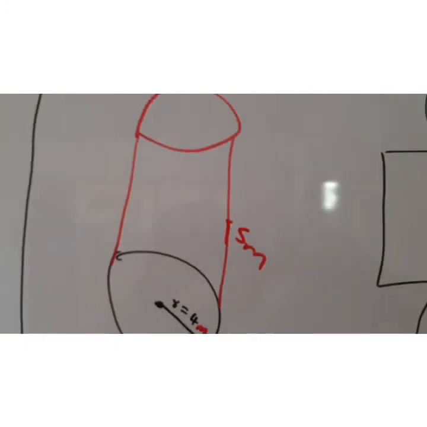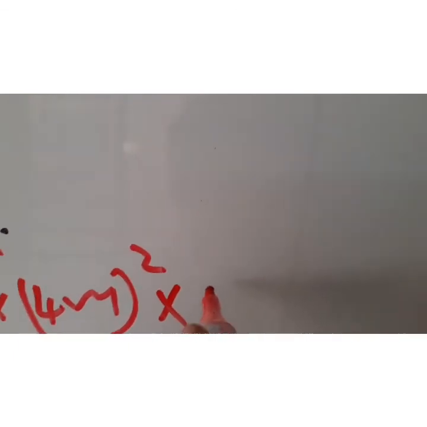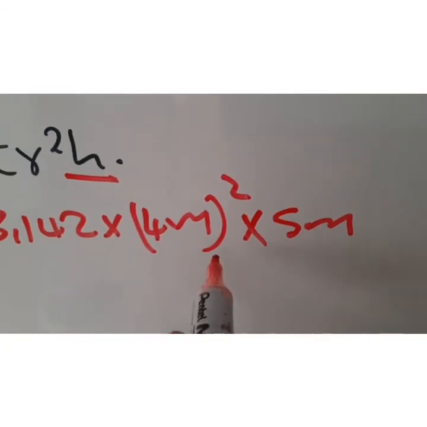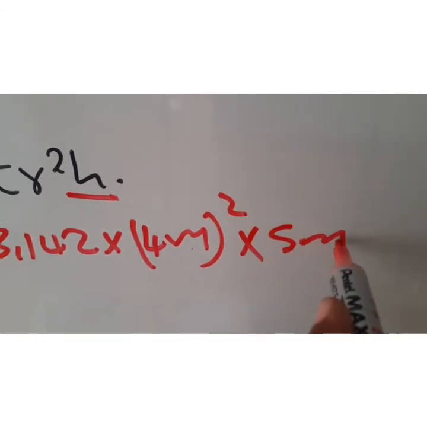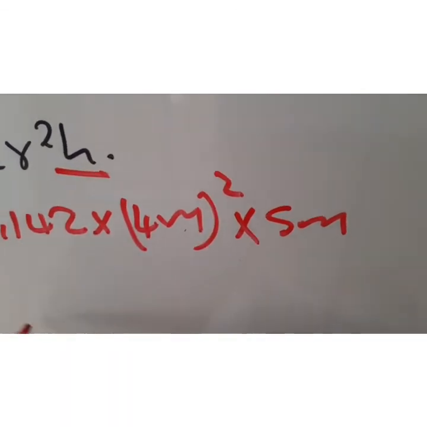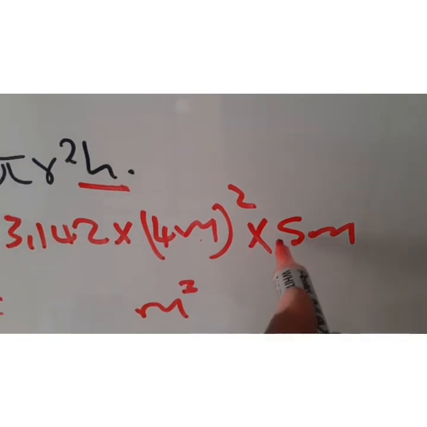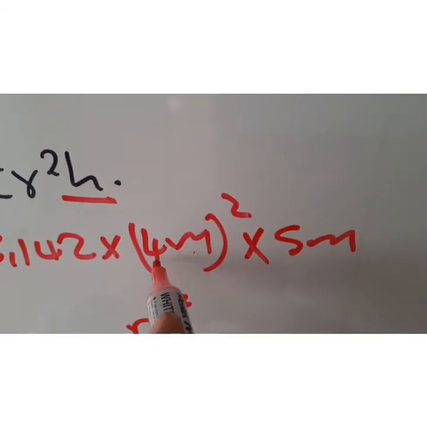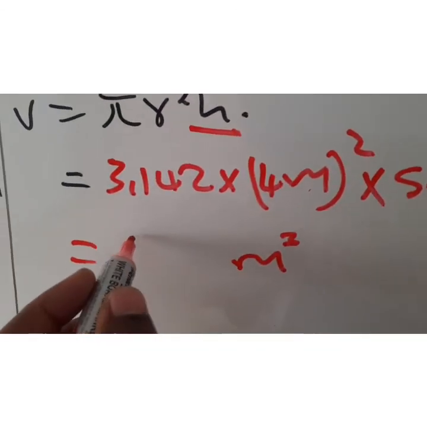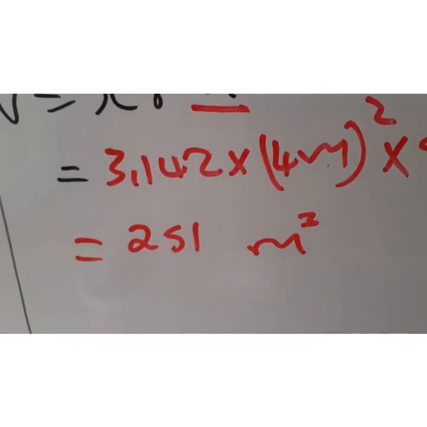Now my h in this case would be my 5 meters. So I substitute my 5 meters. Now you realize my unit, I have 5 meters squared. I'm gonna multiply by another meter here, therefore it becomes meter cubed. Then I have my 4 squared, which is 16 times 5 times 3,142, which actually does give me 251 meter cubed. Okay, so that was my volume.